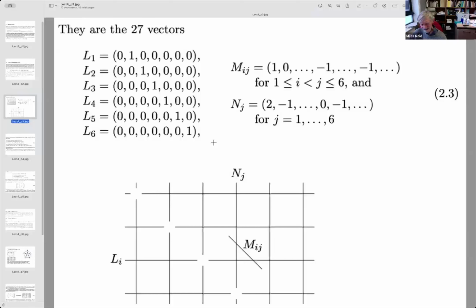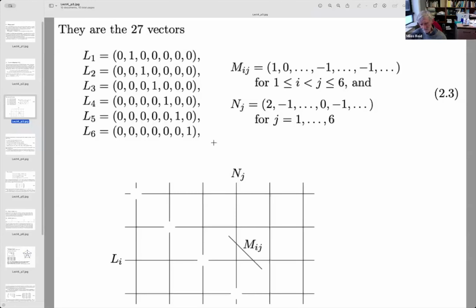Last time I had this notation. If you want to give names to all the lines on the cubic surface, this is one map. This is the map that preserves 6 factorial symmetries, 720 symmetries.